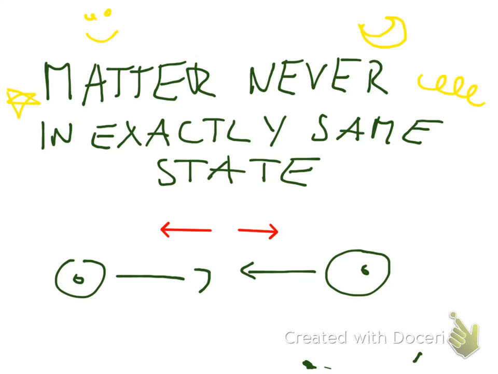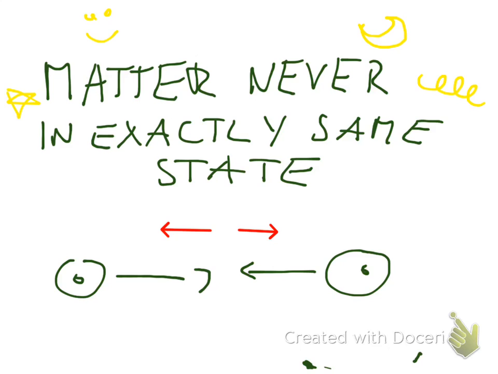So trying to push my hand through would involve bringing lots of these particles basically into exactly the same position. And it's that really basic principle, that matter particles will never be in exactly the same state, that leads to what I experience as the resistance of the table against me going through it. So it's a very simple thing, but it leads to this kind of structuredness that we find in matter, obviously.